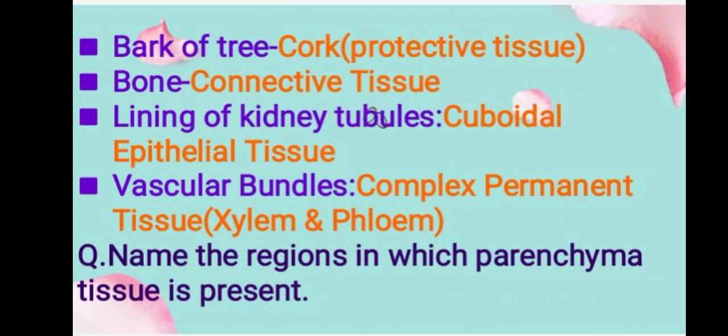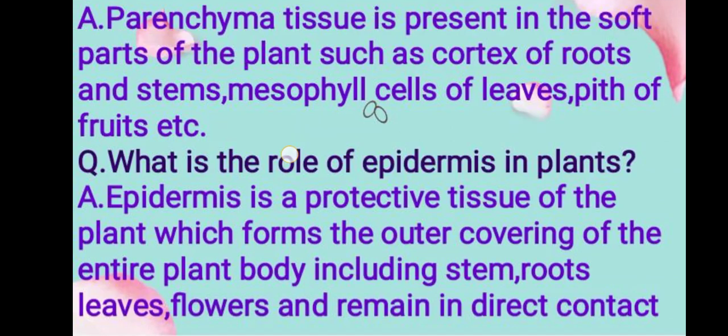Vascular bundles. Complex permanent tissue. You all know these are xylem and phloem. Next question is name the regions in which parenchyma tissue is present. We all know that parenchyma tissue is present in the soft parts of the plant such as cortex of roots and stems, mesophyll cells of leaves, pith of fruits, etc.